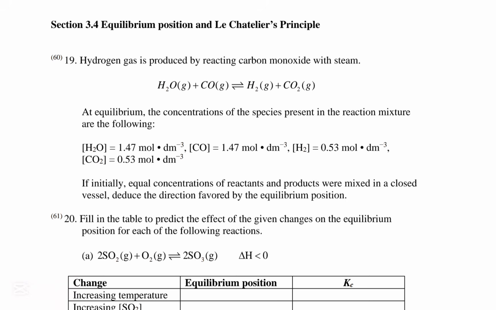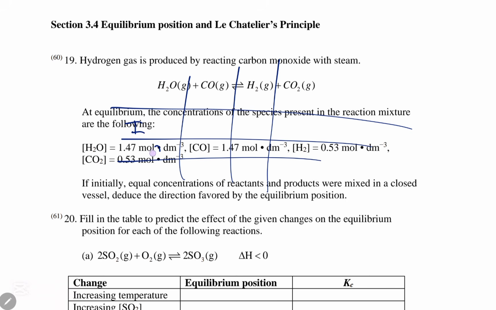So they said initially we had the same amount of reactants and products, so we had x and x. Let's do the ICE table, it's easier to explain with it. Initially, I had x for all species, same amount of products and reactants.